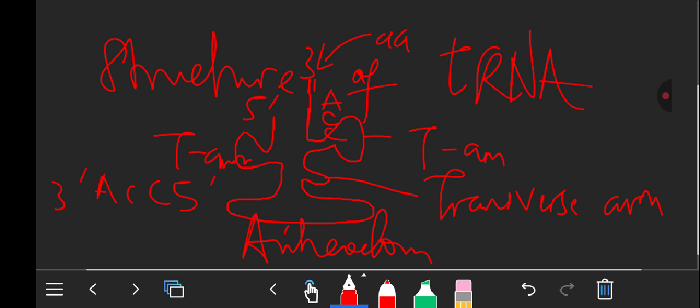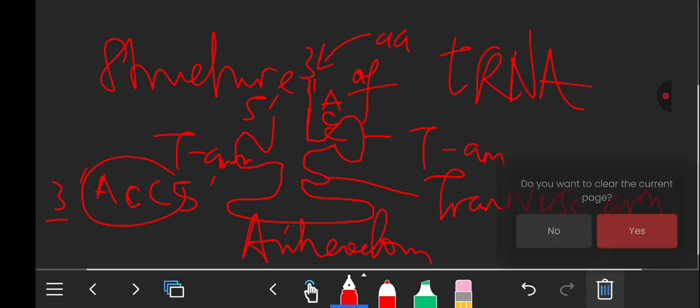Okay? And we need to understand that the 3' end is the acceptor, which is attached to the amino acid. So we have this ACC at the 3' end. It's very important for us to understand this.